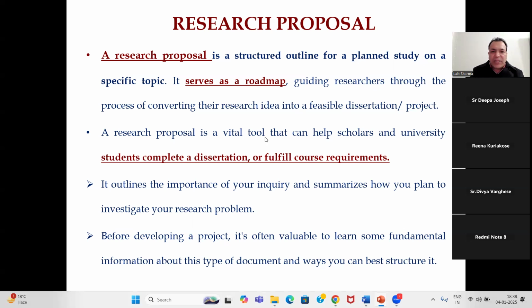A research proposal is a vital tool that helps scholars and university students to complete dissertations or fulfill course requirements. Again, a research proposal outlines the importance of your inquiry and summarizes how you plan to investigate your research problem, how you proceed basically. Your synopsis is the roadmap of how you have to proceed.